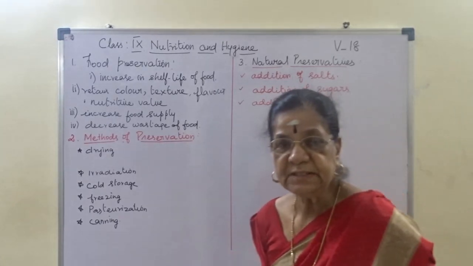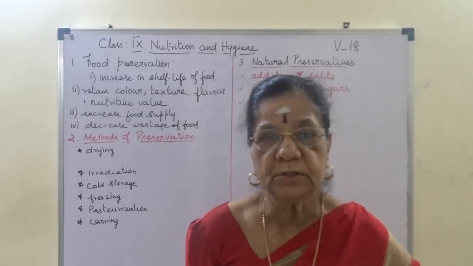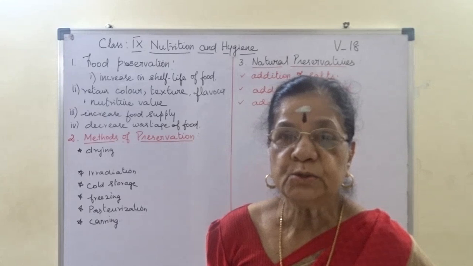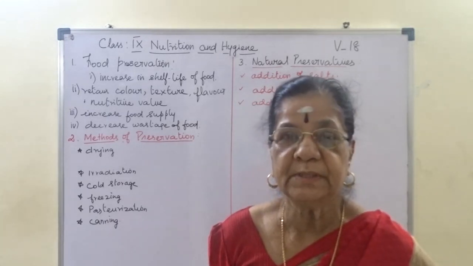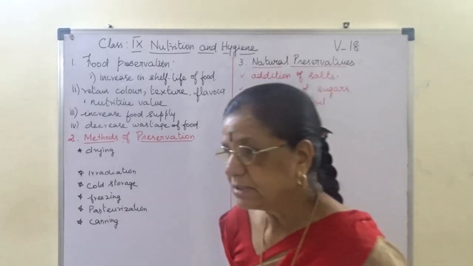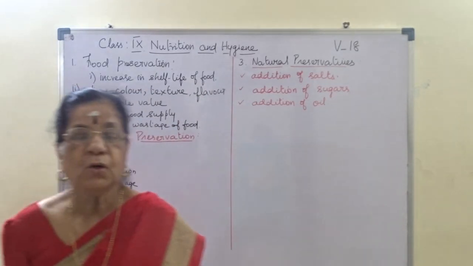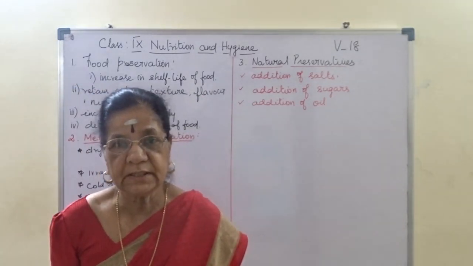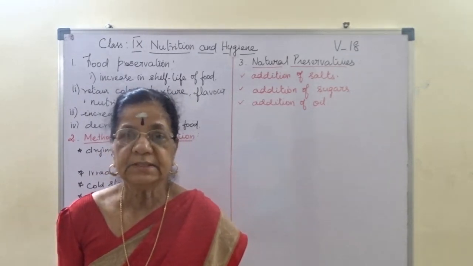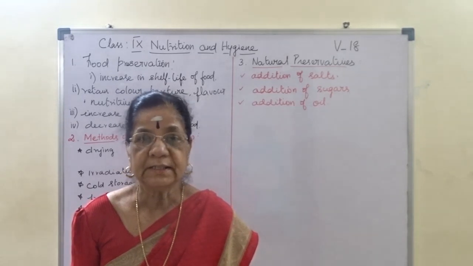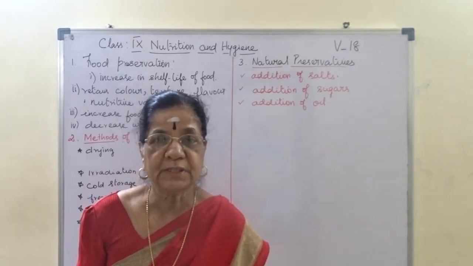Right? In the previous session we learnt about the nutrition and hygiene lesson, where the nutrition part covers the components of food: carbohydrate, protein, vitamins, minerals and the role of water and roughage. I hope you remember that.